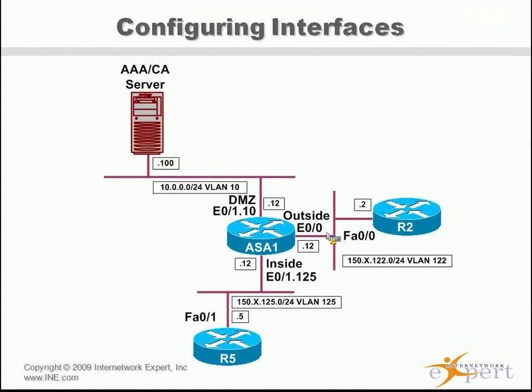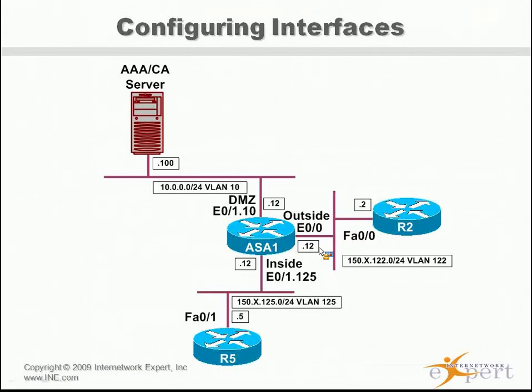As far as additional troubleshooting or testing, if I did have a situation here where ASA 1 and router 2 were on two separate switches, and I wasn't sure if it was a problem with the configuration there or a problem with trunk itself, one thing you can do for testing purposes on the switches themselves, if they're not an active device doing other routing as a layer 3 device, you can just take and add in a SVI interface.